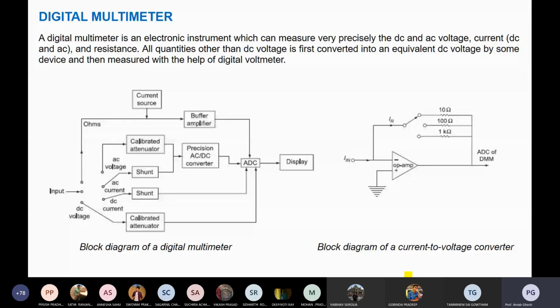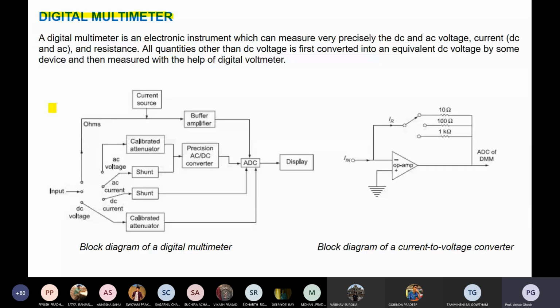A few important points are there that I am going to discuss in today's session. Digital multimeter: I know that all of you are aware of the analog multimeter. It is the same thing, only the display is different in the case of a digital multimeter. So what is a digital multimeter?